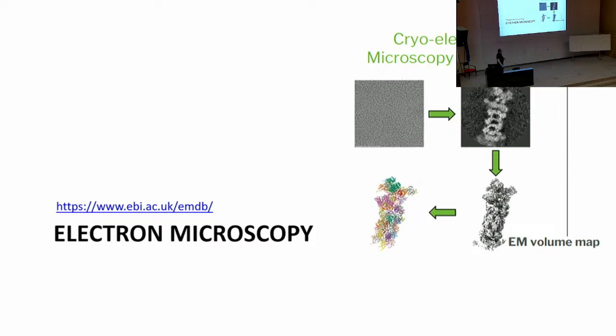Basically, you spray your sample on the graphene grid within the electron microscope, and there you analyze the individual proteins, which are in different orientations. Then you generate the 3D volume map from those individual particles, and then you can fit the model into it.